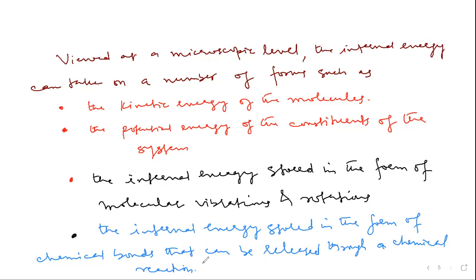The total of all these forms of energy for the system of interest is given by the internal energy U. I repeat, the total of all these forms of energy for the system of interest is given by the internal energy, which we represent by the symbol U.